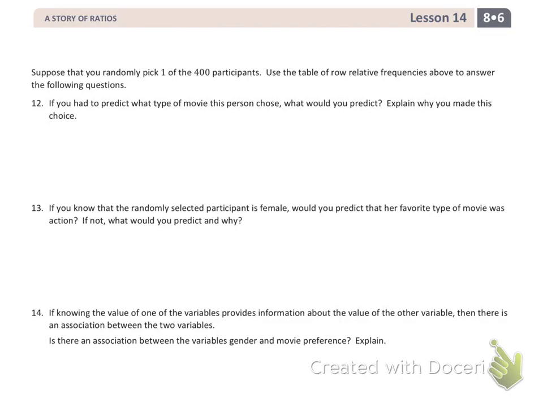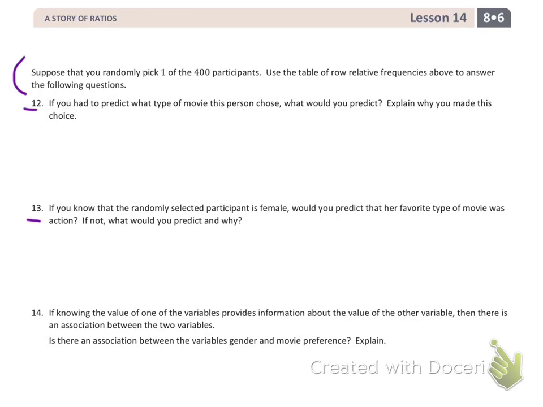Okay, so let's look at a couple questions about this survey. We're going to look at 12 and 13 right now. We are told that 1 out of the 400 participants is randomly chosen. And we're asked to use the table of row relative frequencies that we just made to answer the following questions.